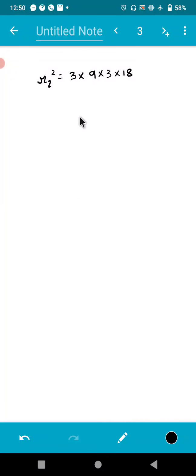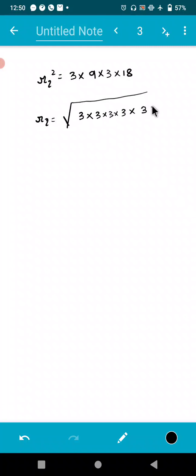Now r2 would be equal to the square root of this whole thing, so 3 into 9, and 3 6s are 18, which is 3 into 2 into 3.